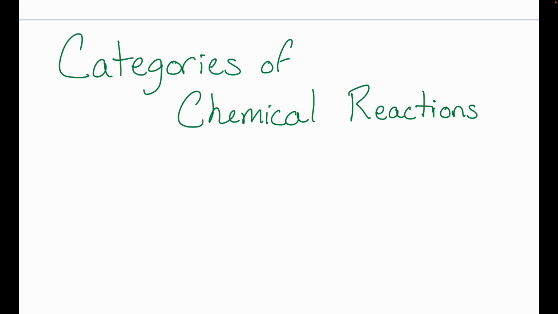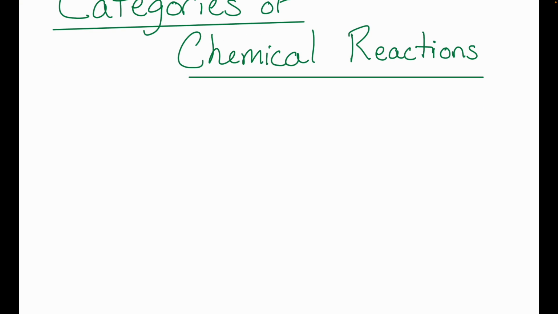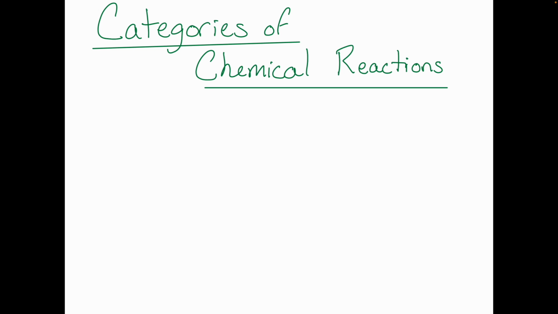Okay, so given a chemical equation, we want to be able to place it into one of these categories here. All right, so the first one are what are called synthesis reactions, also called combination reactions.